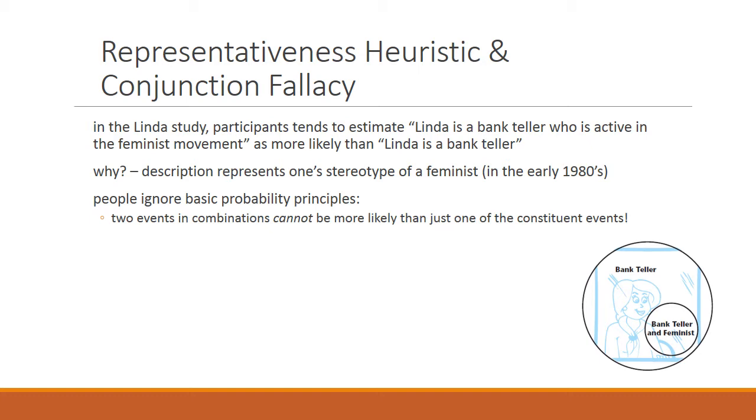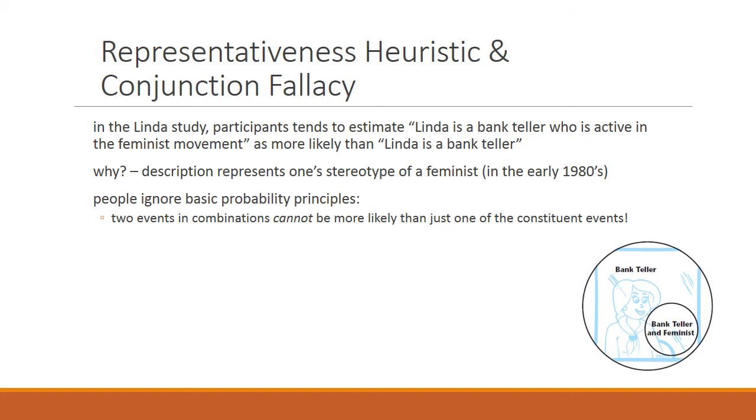So the idea that Linda is a feminist who's also a bank teller, that probability can't be greater than just the overall probability that Linda is a bank teller, because all the feminist bank tellers are within that category of bank tellers. So two events in combination cannot be more likely than just one of its constituent events. So this is the idea of the conjunction fallacy. So people seem to be ignoring these basic probability principles when making these kinds of judgments.